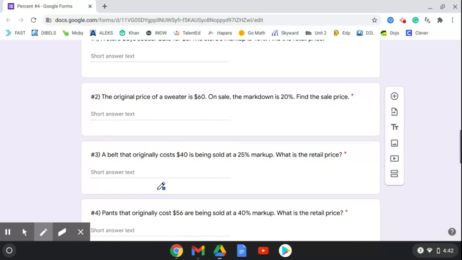Number 2, the original price of a sweater is $60. On sale, the markdown is 20%. Find the sale price. Okay, so we could first say that $60 right here is 100% of the cost. Like if you buy this sweater at original price and you buy it at 100% of the cost, it's $60. But on sale, the markdown is 20%.